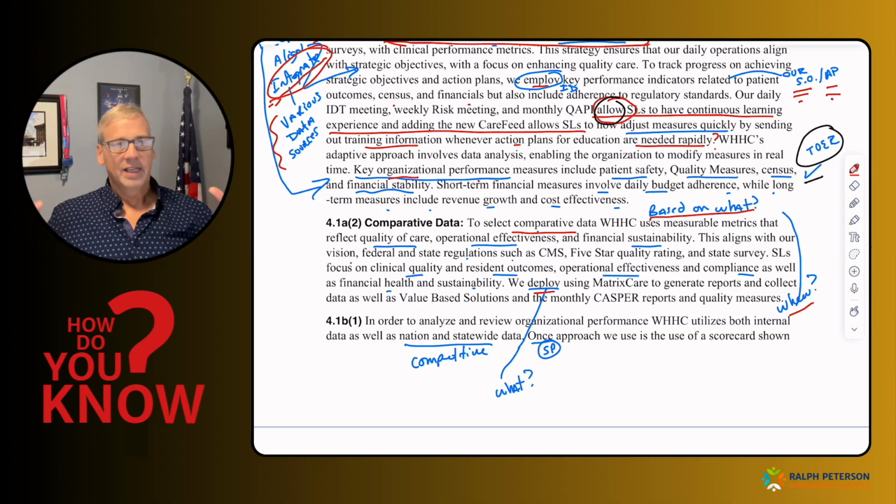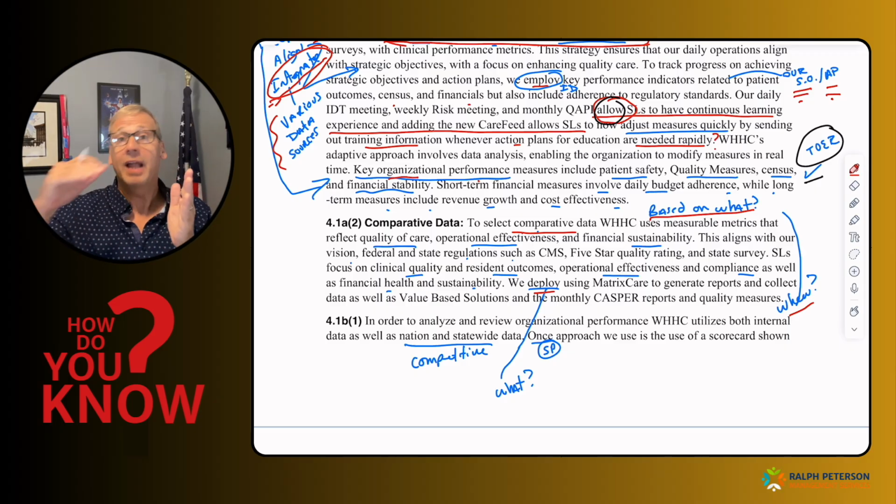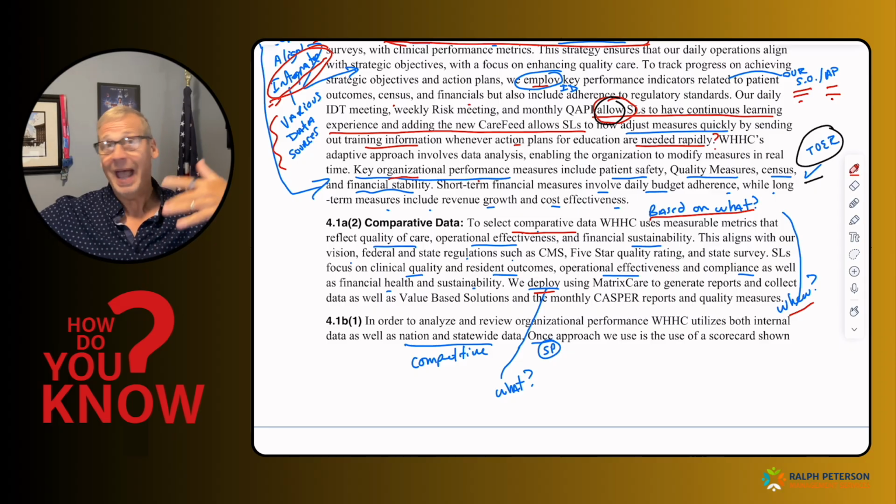So this whole idea of how do you select comparative data and information to support your fact-based decision making, what we're really looking for is this step-by-step process that says we select comparative data based on this, based on our historical data that still is in line with and supportive of our strategic objectives and action plans, daily and overall.